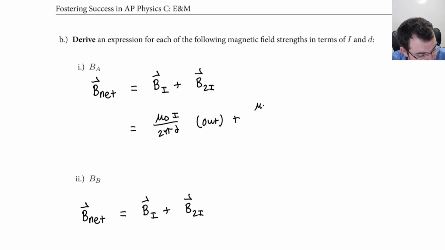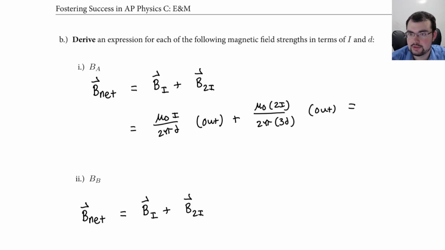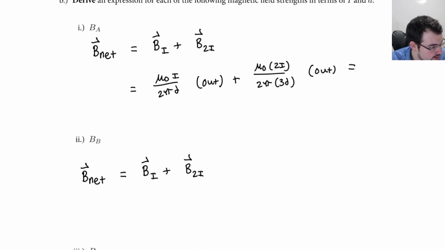And then we get mu naught times 2I over 2 pi times 3D, and that's going to be directed also out of the page. So notice we can see our little interpretation here where this was our blue circle, and this was our 2 tiny purple circles.